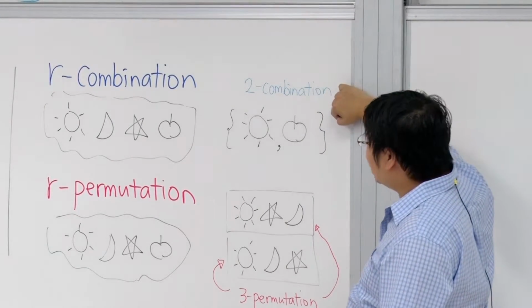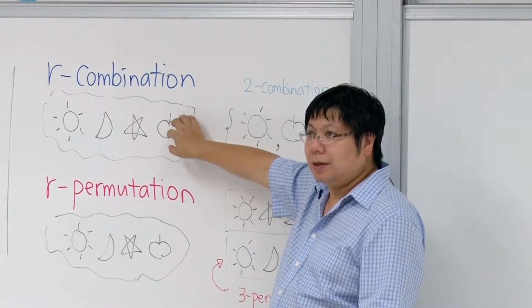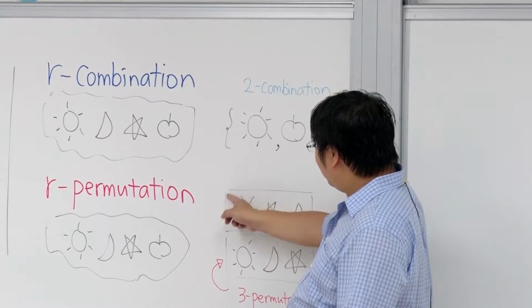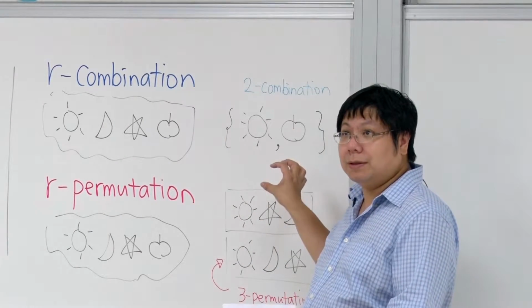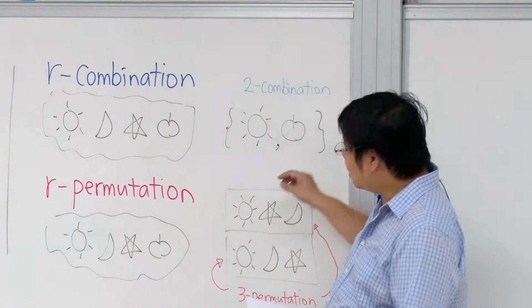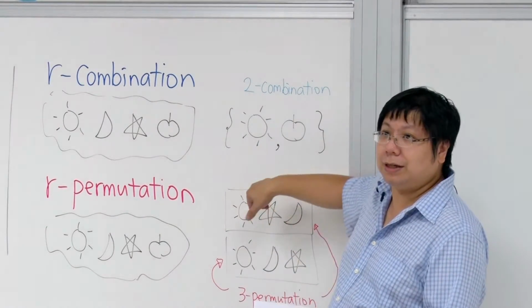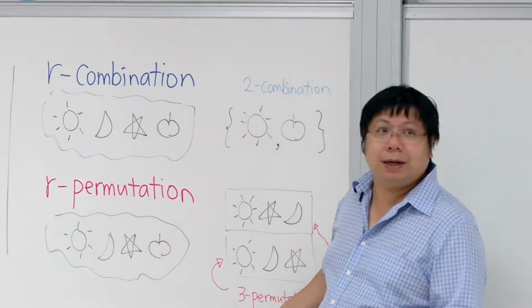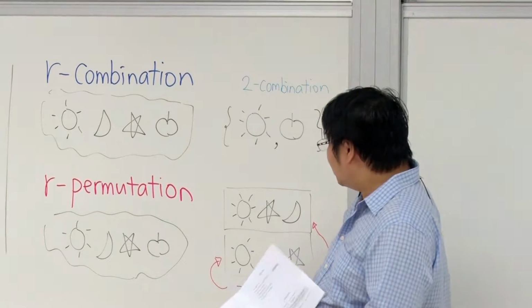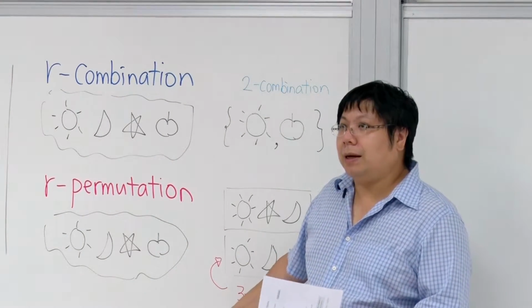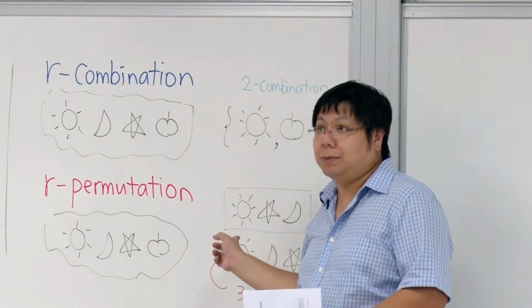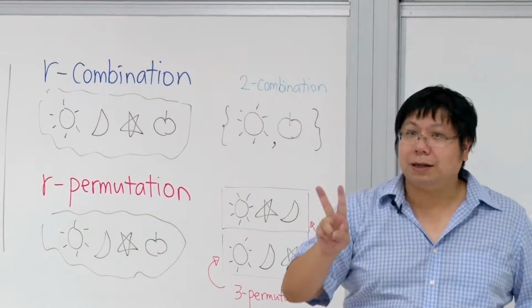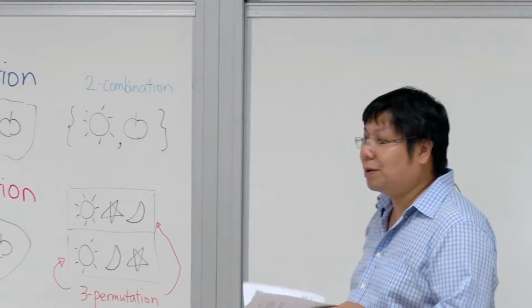A combination that takes 2 items from this group we can call a 2-combination. This one takes 3 items and arranges them, so we can say it is a 3-permutation. Permutation means the ordering of the items matters, and the number before it tells us how many items are in your arrangement. So a 3-permutation has 3 items, and a 2-combination has 2 items. This is the notation that I want to introduce.